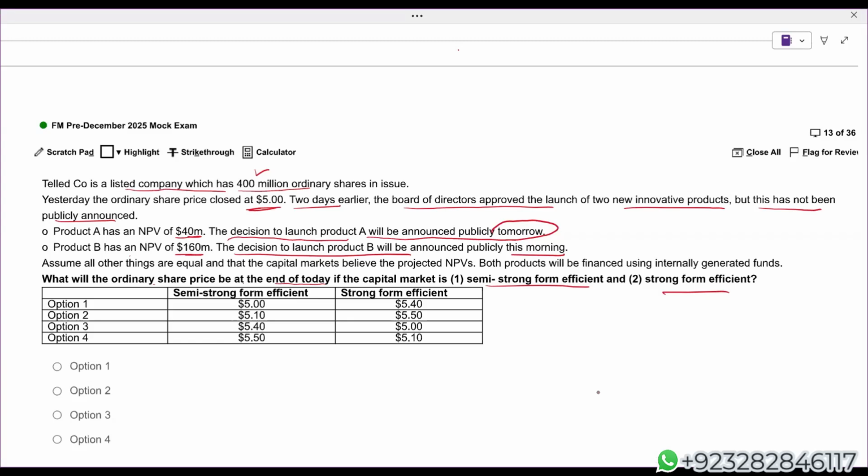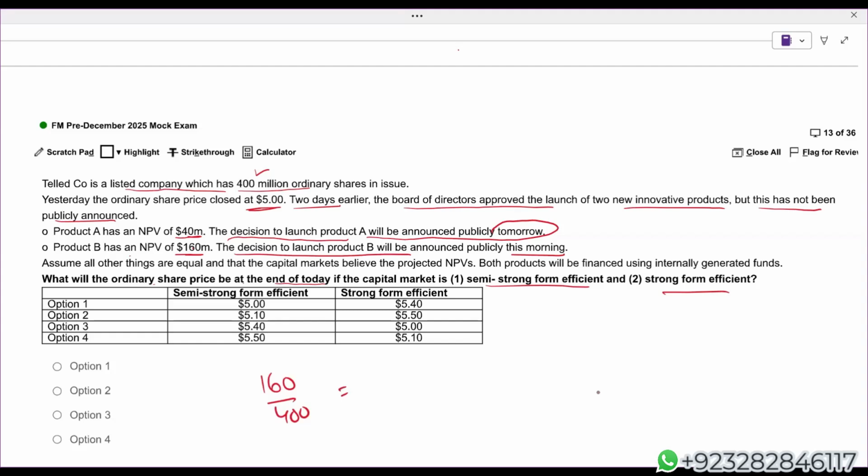But the 40 million impact will not come in your share price in case of semi-strong form, because the share price will only reflect the impact when you announce. So logically, 160 million divided by 400. Let me use the calculator.